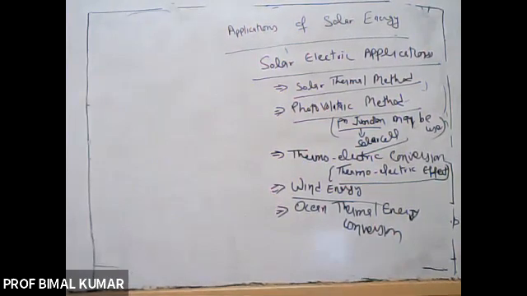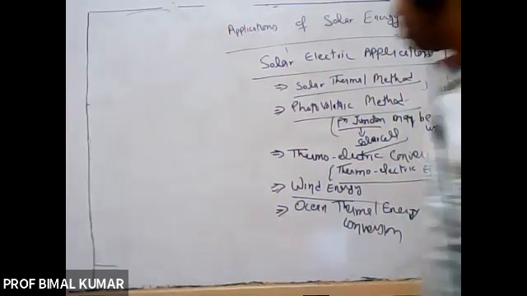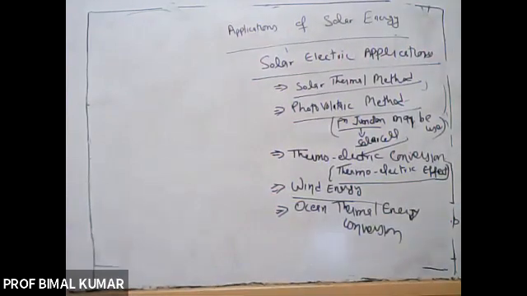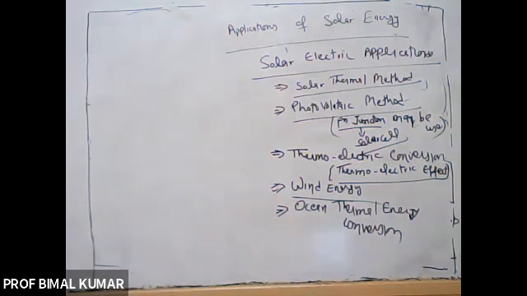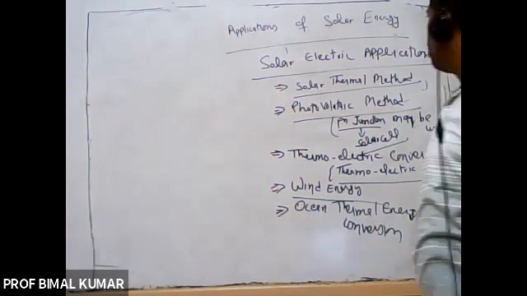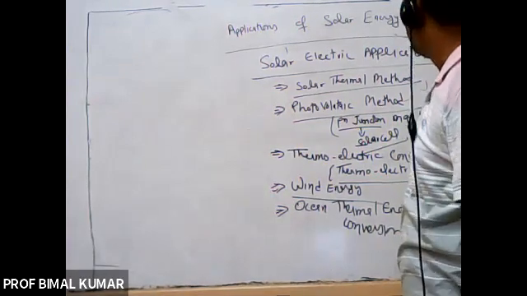And again, an electrical generator may be used to convert that ocean thermal energy into electrical energy. So these are some of the devices which may be taken as examples of solar electrical applications.